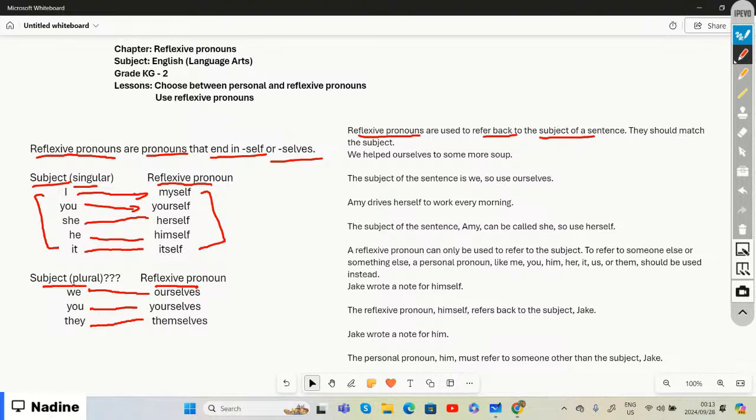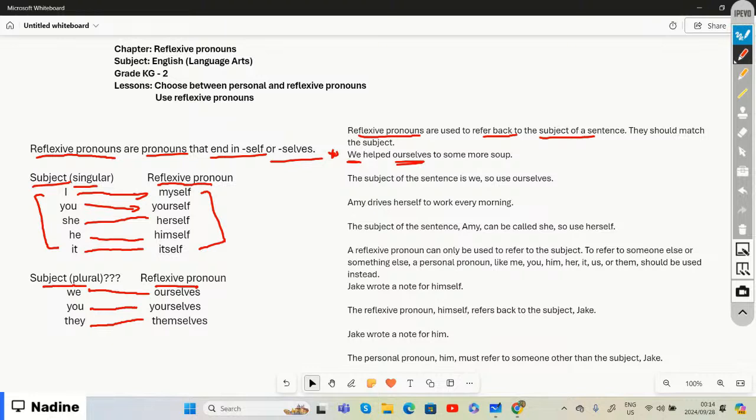And if we look at an example, here it says, we helped. I'm going to underline the subject and I'm going to underline the reflexive pronoun. It says, we helped ourselves to some more soup.